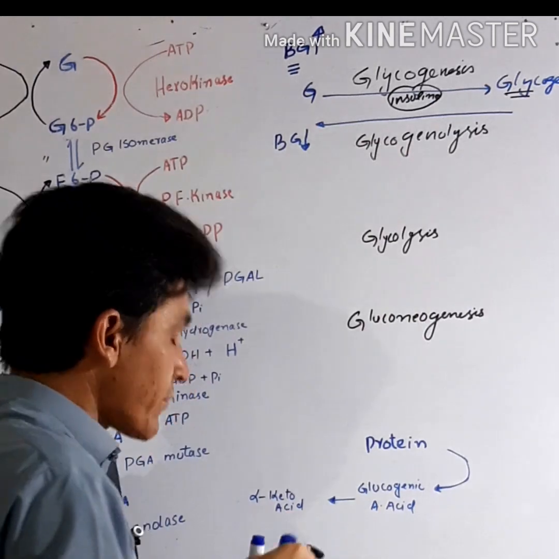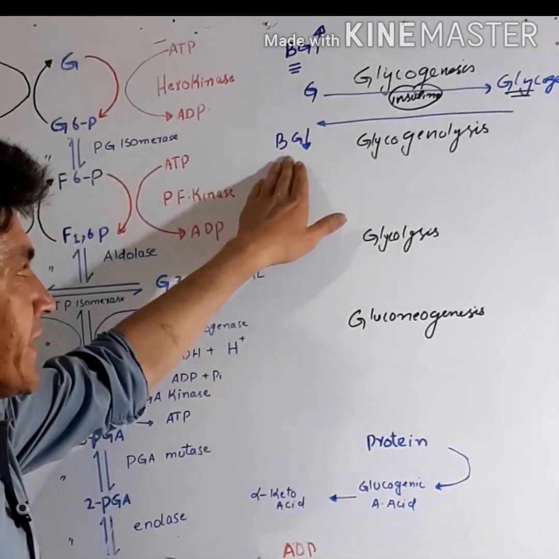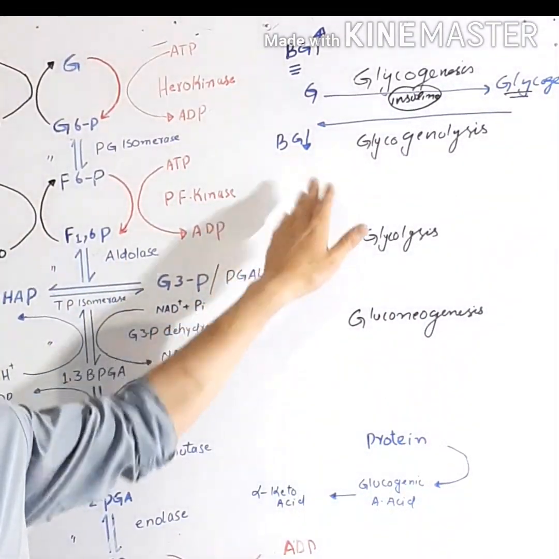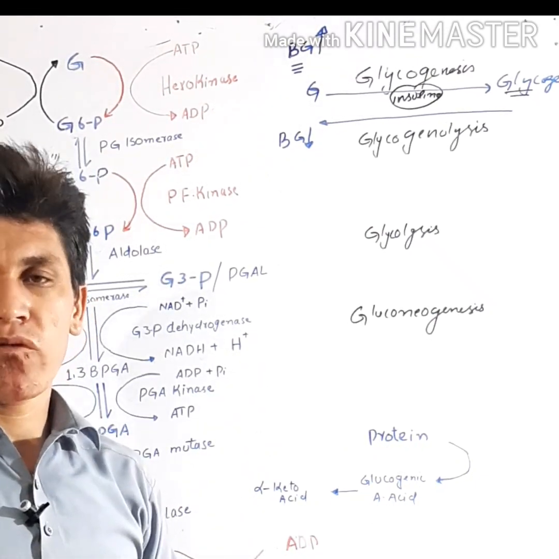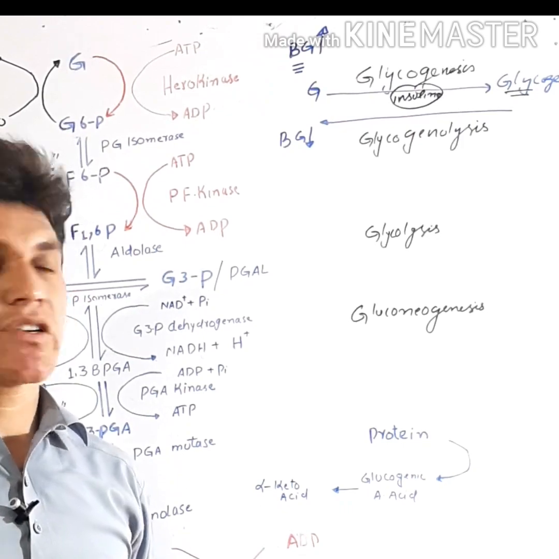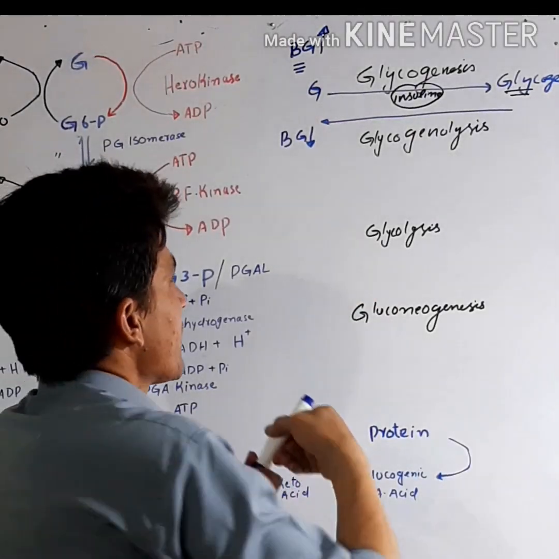But how? When blood containing less glucose reaches the pancreas, alpha cells in the islet of Langerhans release a hormone known as glucagon.